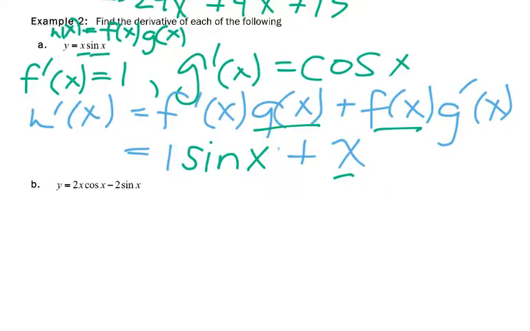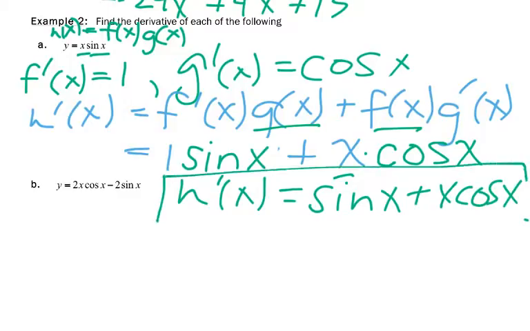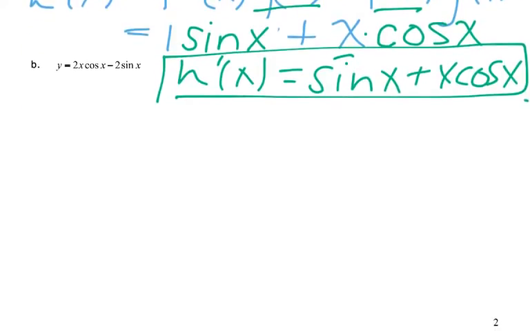G prime of x, that's the derivative of sine. That's cosine of x. Okay, so that means h prime of x, final answer is just sine of x plus x cosine of x. All right, that's that one. All right, let's move on to the next one.